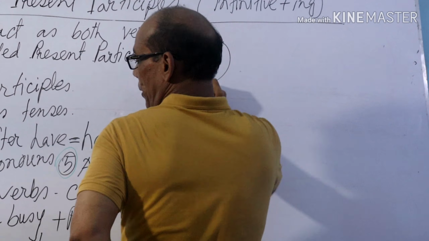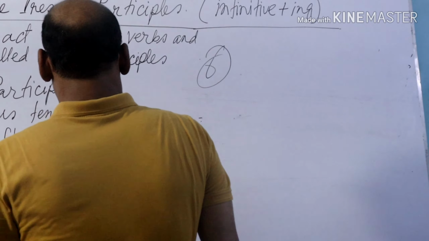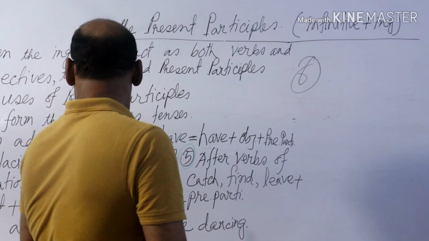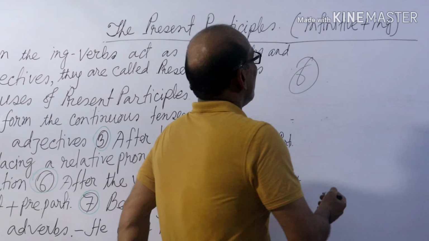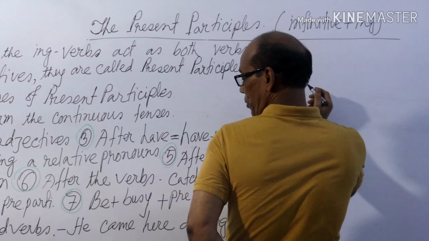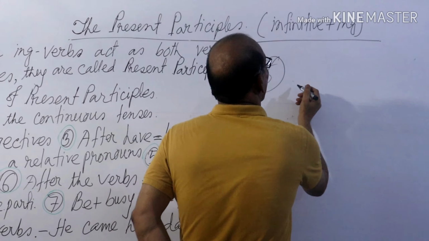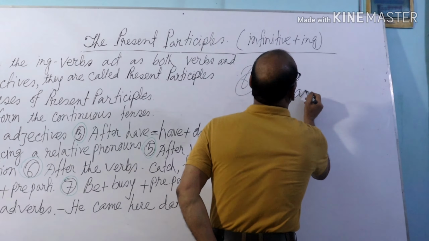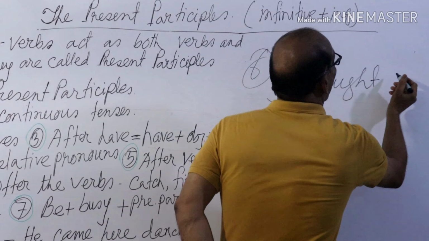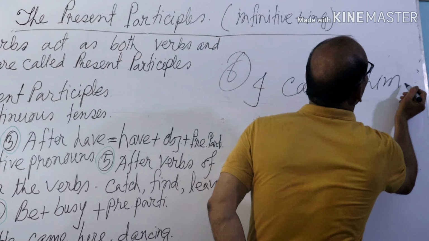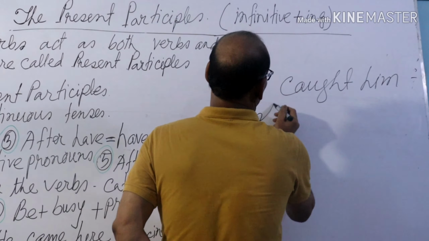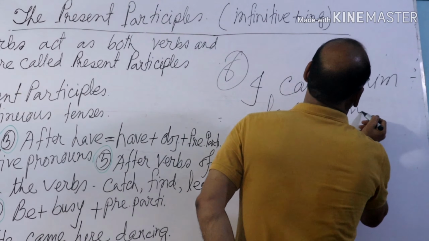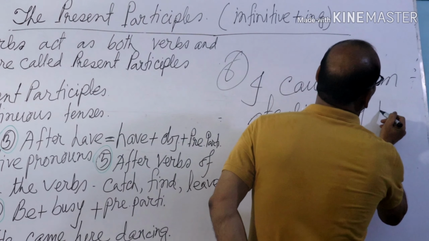Number 6, we are at 6. You see, after the verbs catch, find, leave plus object. Suppose I caught him stealing my watch.